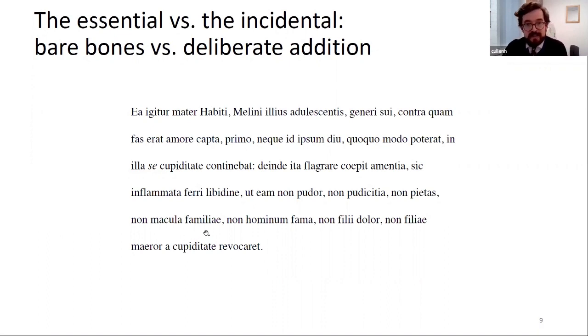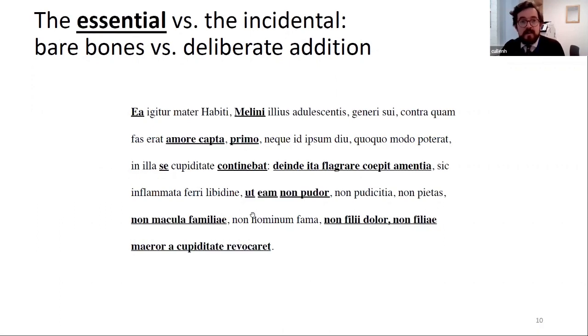If you were to gut the paragraph, I reckon that everything in bold and underlined is essential. So you've got Ea, she, and everything else is technically not required grammatically in the sentence.